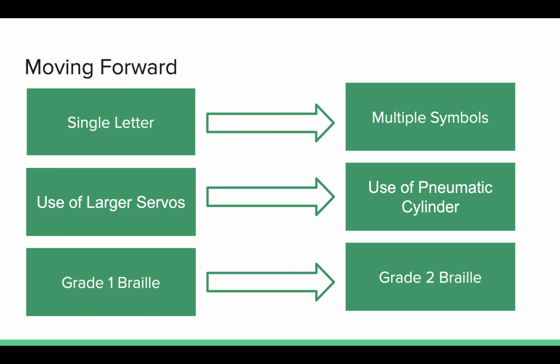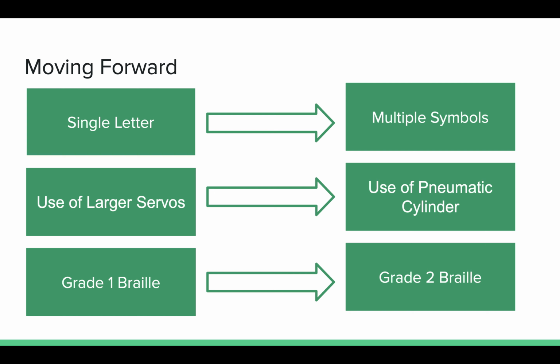However, the use of larger servos like this can increase the size of the box and not make it easy to carry around. So a solution that we came up with that may solve this is, instead of servos, using something like pneumatic cylinders, which only move in a linear direction.